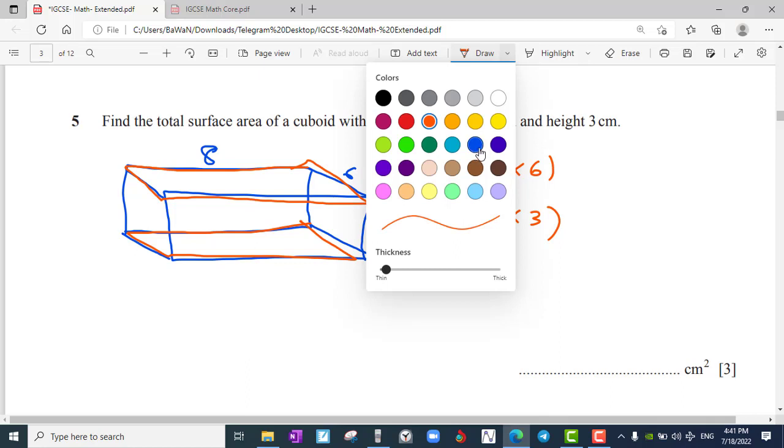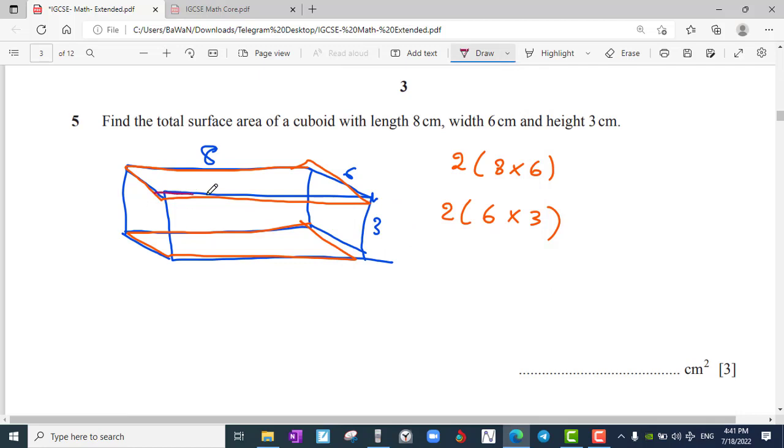This rectangle is 8 by 3, so 2 times 8 times 3.